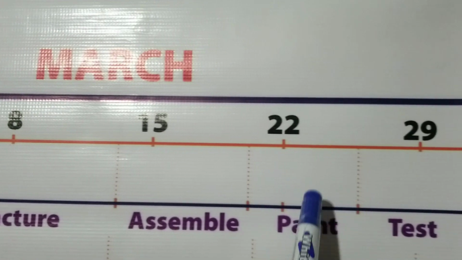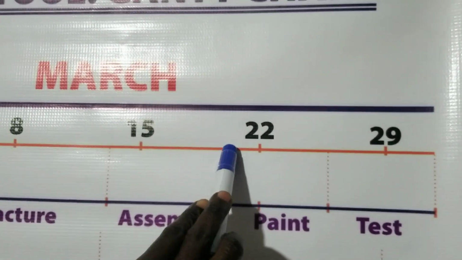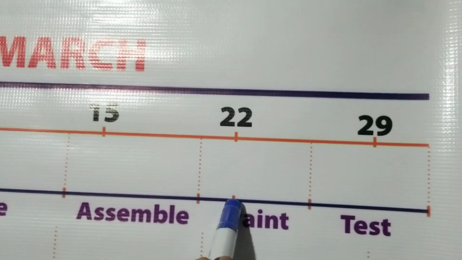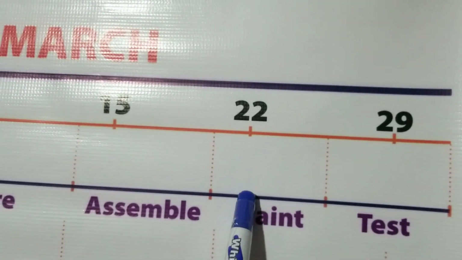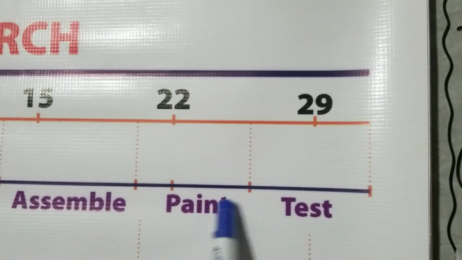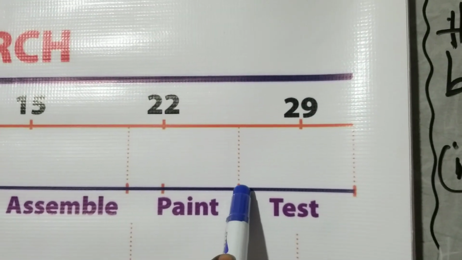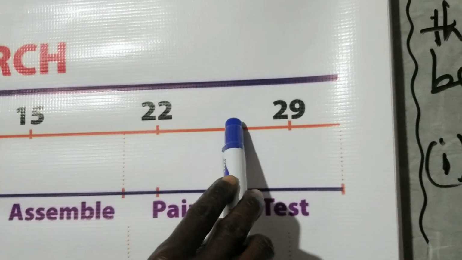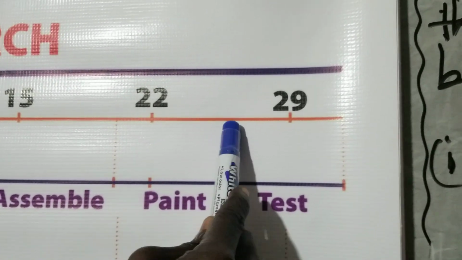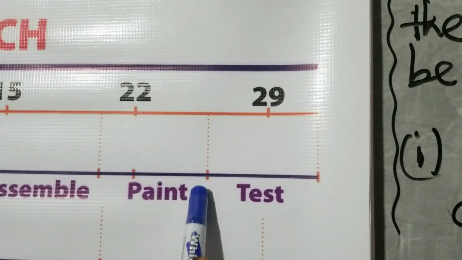Then the painting, look, is not starting on the 20th, but on the 22nd. And if this is 29th, and painting is supposed to end here, your guess may be as good as mine. Let's say 25th, or 26th, painting should end.